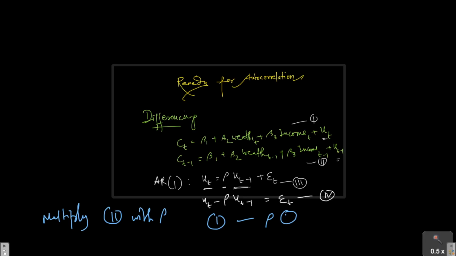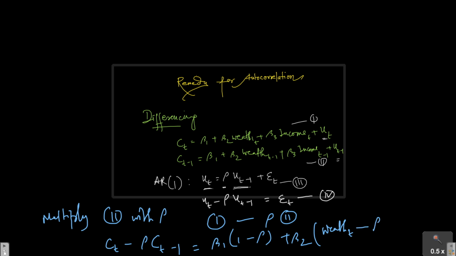If I do this, what I get is C_t minus rho C_t minus 1 is equal to beta 1 minus rho, beta 2 into wealth at period t minus rho into wealth at t minus 1.